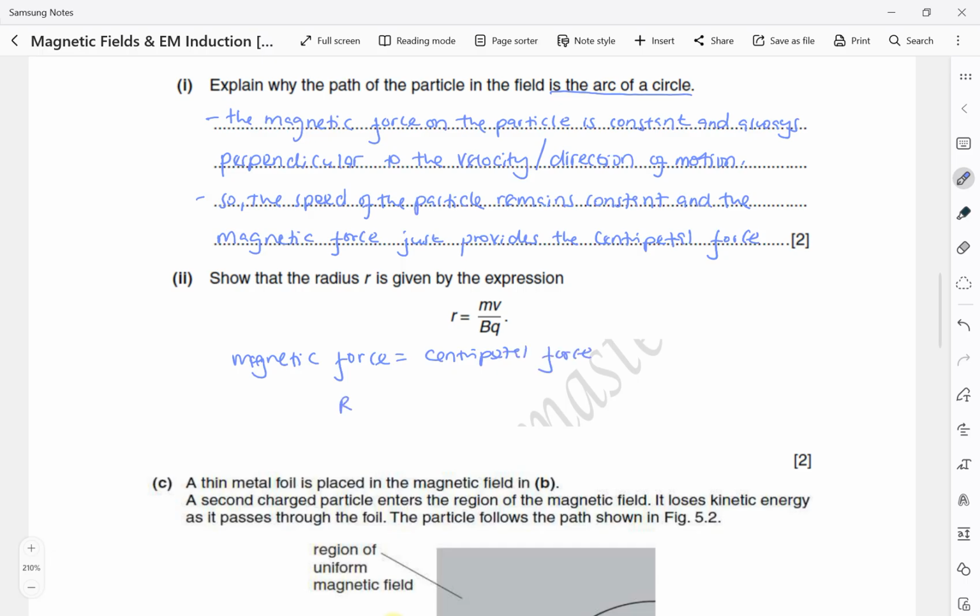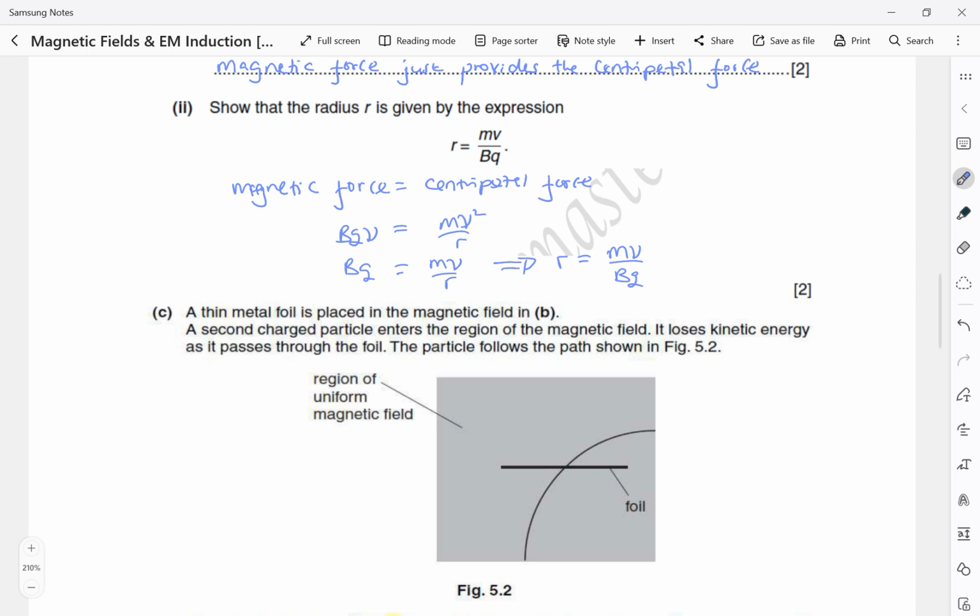So this means BQV equals mv squared over r, or you could say BQ equals mv over r, which implies that r is equal to mv over BQ.